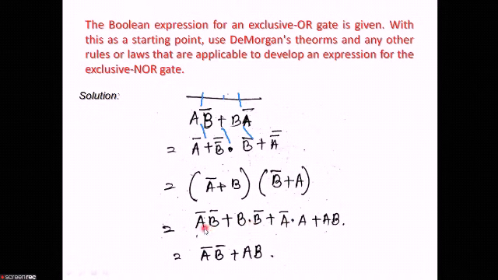So this one will be A bar B bar plus of AB. So here we have got this value A bar B bar plus of AB. That is nothing but the expression of exclusive NOR gate. So when you are applying De Morgan's theorem to the XOR gate expression, we will be getting the XNOR expression.